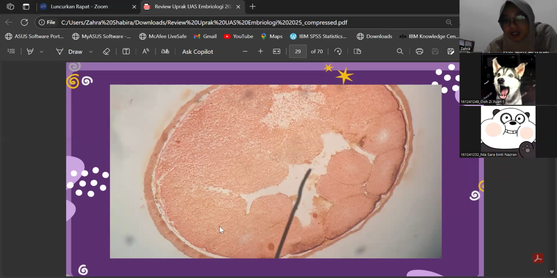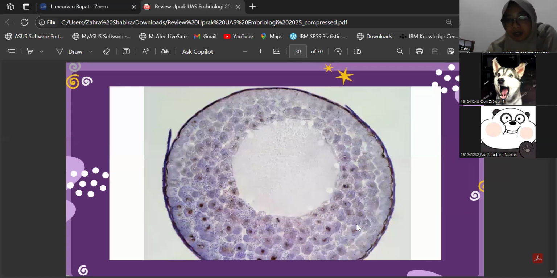Now this arrow is pointing to intracellular space. Also, this is macromere, and then micromere, and also there is a dark brown line named cortical pigment. Now, in the blastula stage, the embryo has already entered the blastula stage.